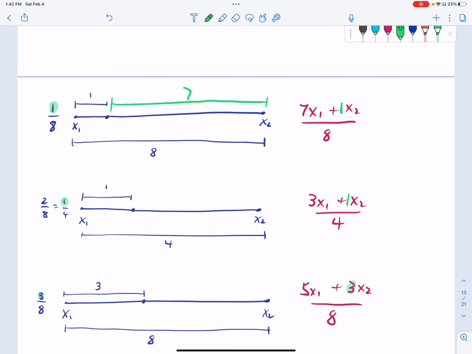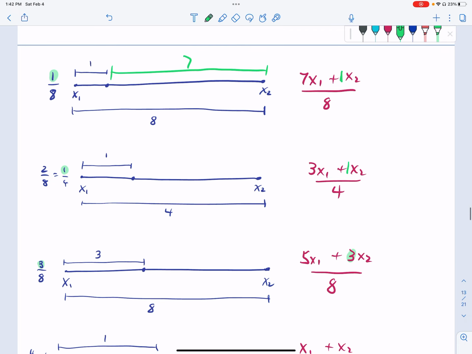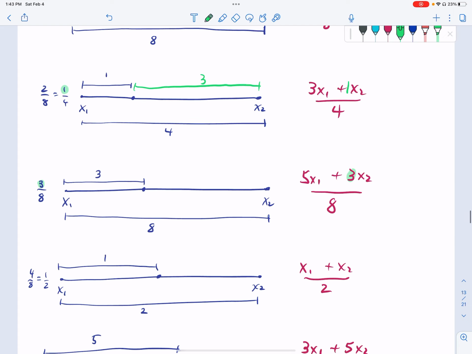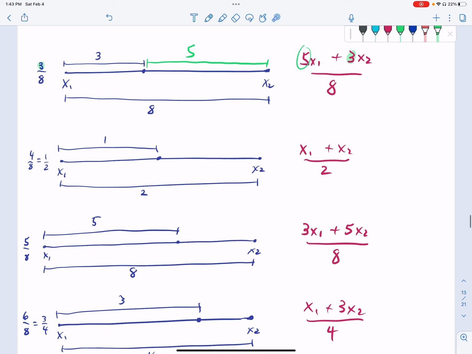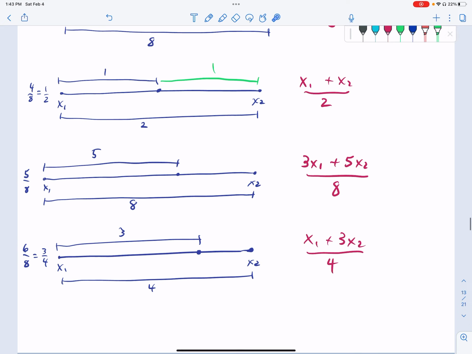That's the piece that's left over. You just basically subtract here. Likewise, the weight of 3 on our x1 is the piece that's left over: 4 minus 1 gives us a 3. 8 minus 3 gives us a 5, which is that weight there. We have a 2 minus the 1, which gives us a 1, so it also gets a weight of 1.